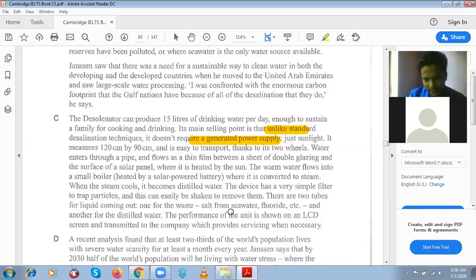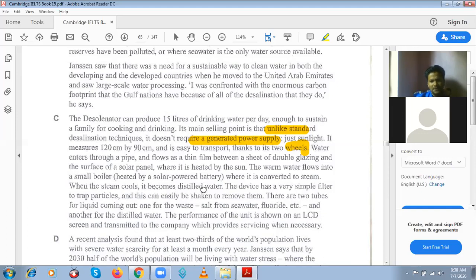This is different from others. Water enters through a pipe and flows as a thin film between a sheet of double glazing and the surface of the solar panel, where it is heated by the sun. The warm water flows into a small boiler heated by solar power, where it is converted to steam. When the steam cools, it becomes distilled water.